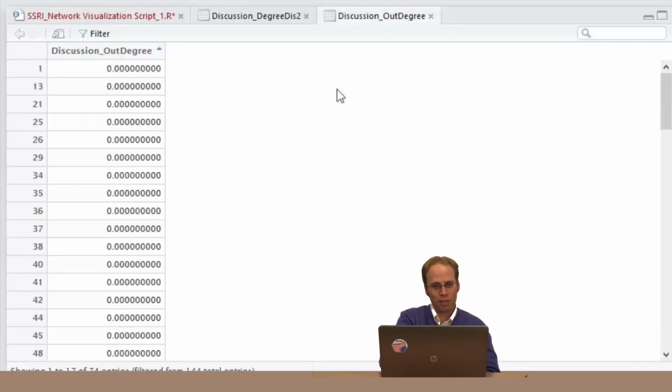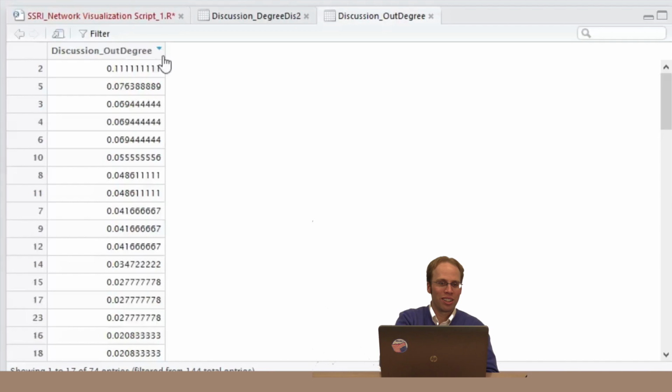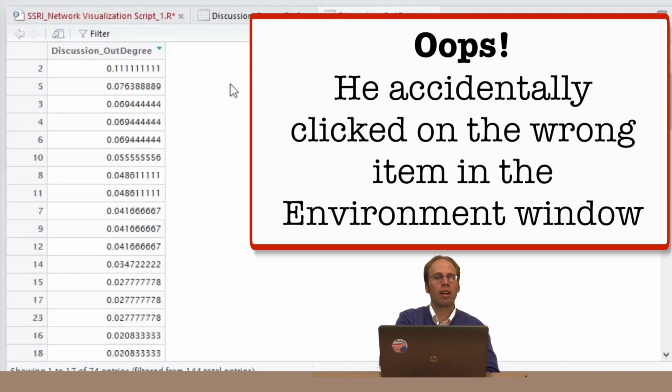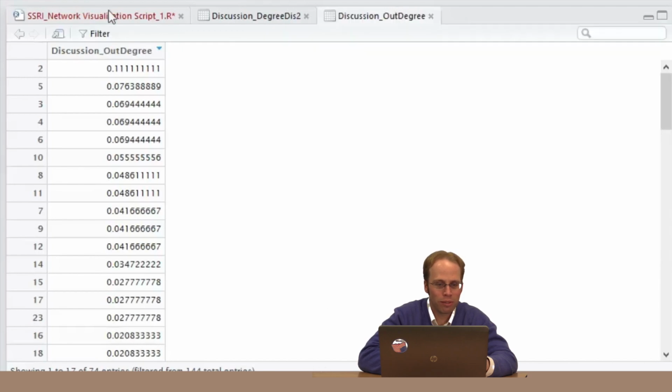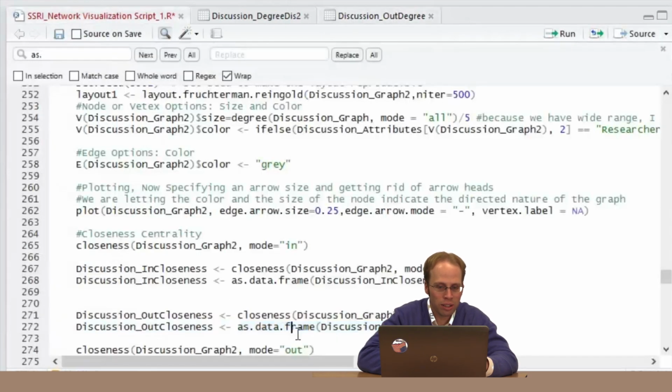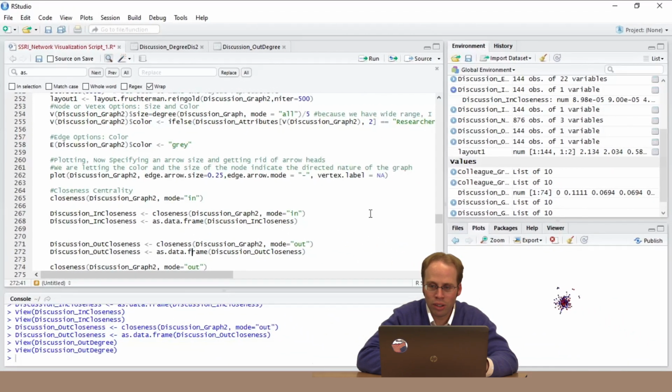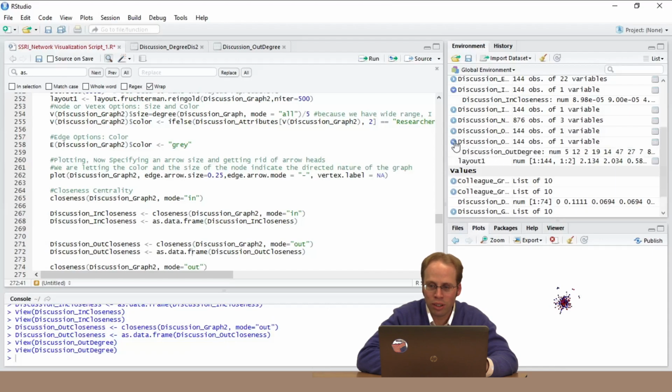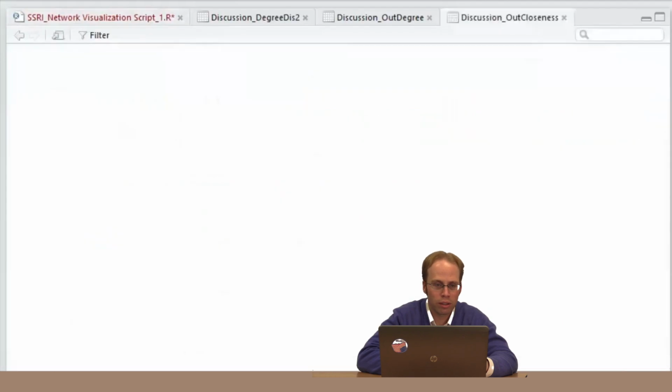Okay. Oh, there's more variation. How shocking. So out degree min 0. Let's look at the top. Whoa. That's not helpful, because let's see something here. So that's an out closeness. You need out closeness, not out degree. Too many outs. There we go. Right.